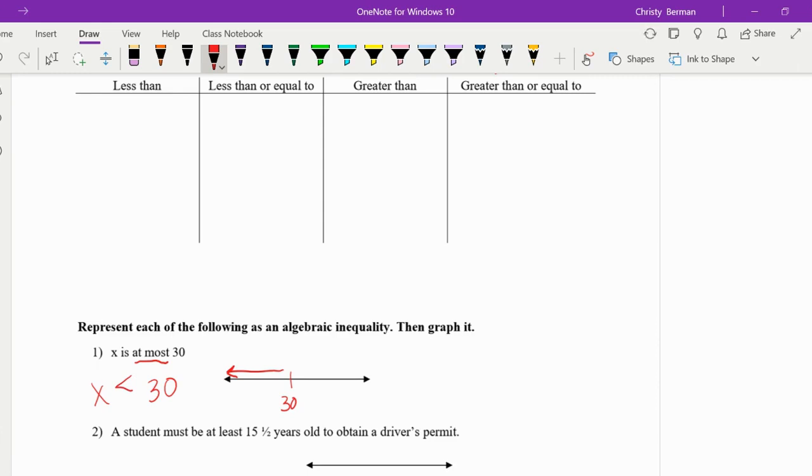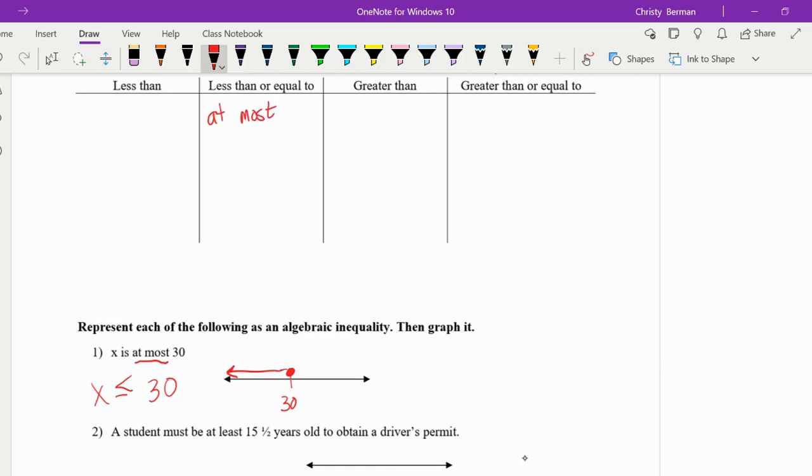But then the question is, can it equal? Can I equal 30 if I'm at most 30? And I say yes, you can equal. So you're going to make sure you put a closed circle in there and your underline there. So this is less than or equal to, and I'm going to put that up in this column.